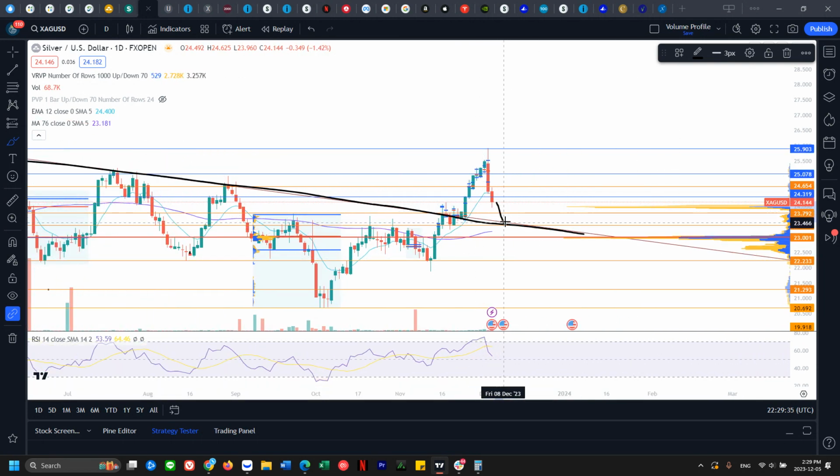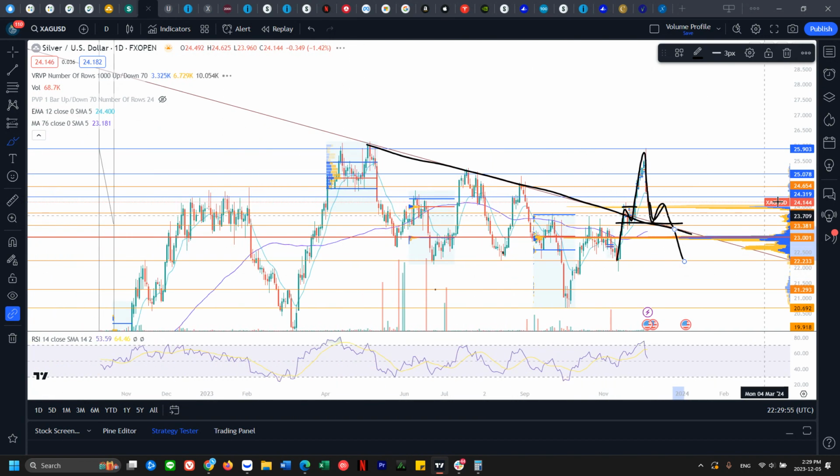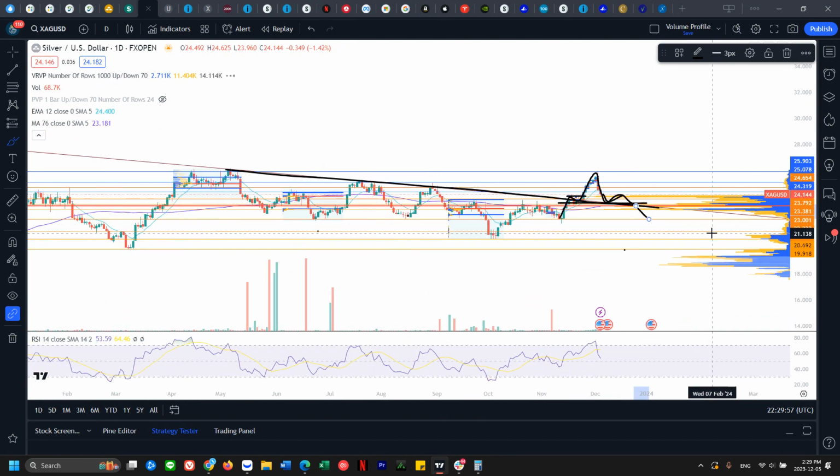So if we come back down here, we get a bounce, and then today's low, this level, may act as resistance. We may get a head and shoulders look. That happens: bounce, head and shoulders, this is the left, this will be the right shoulder, and then that'll be the neckline. And if we break that, we're coming back down to the long-term structure that we have been looking at again.